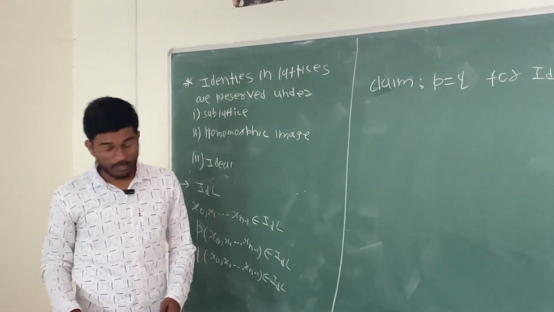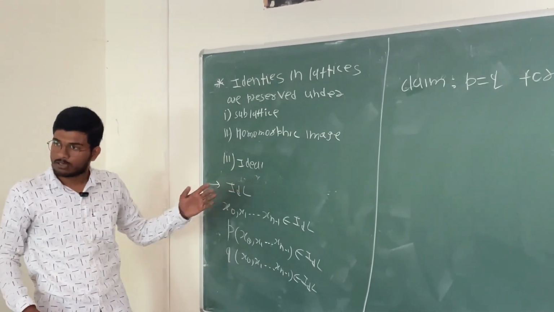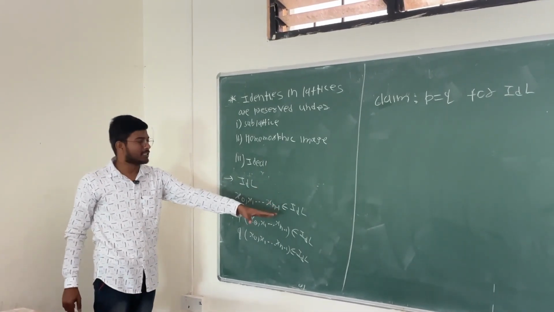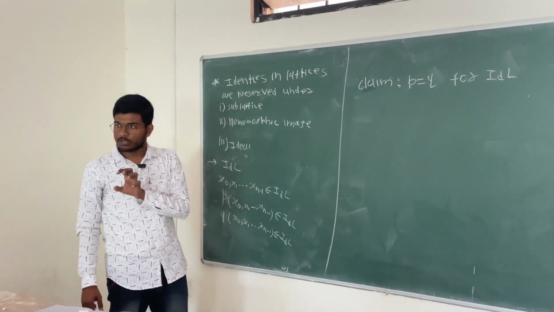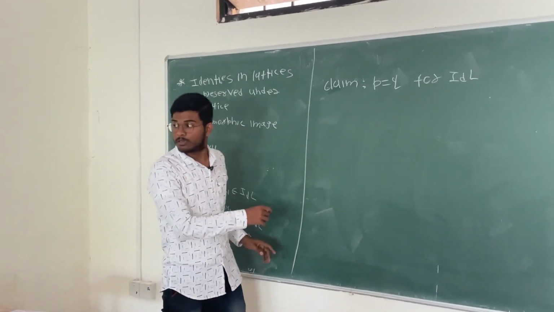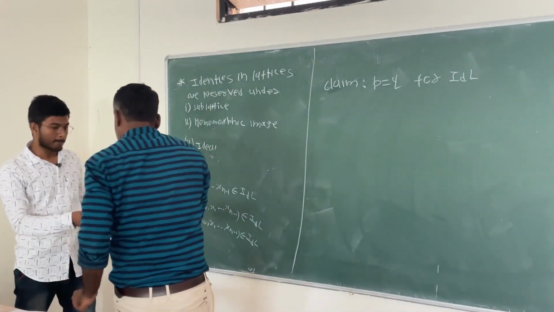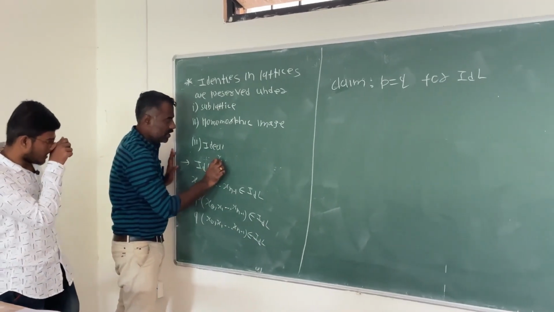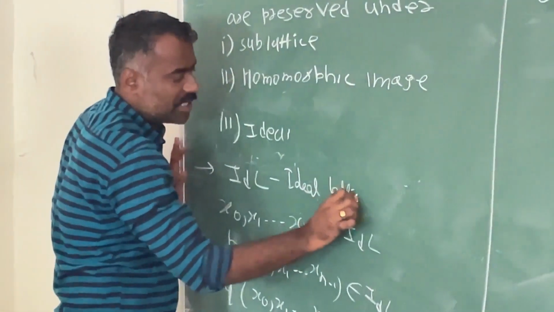So first of all, under the homomorphic image I have shown that phi and P can interchange. Here also there is one small understanding. Just 1 second. This is a small correction here. It is an ideal lattice, which means the elements are ideals.